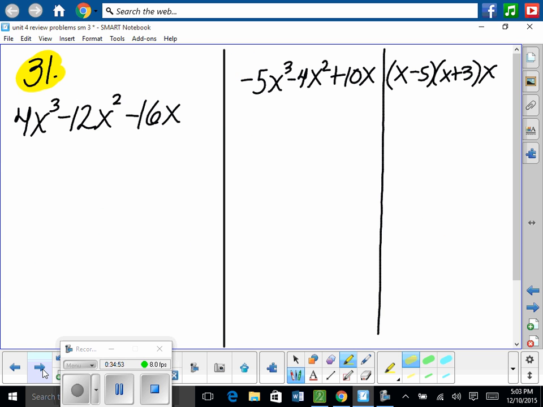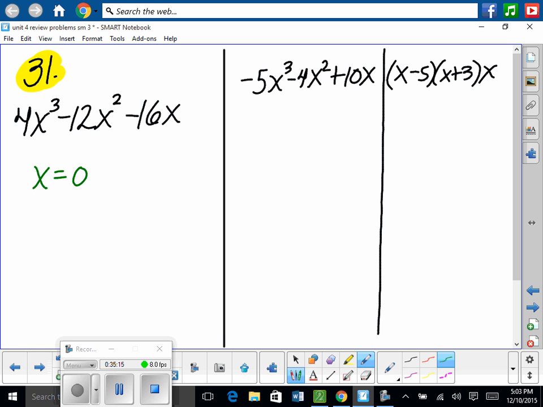Okay, number 31, it says, what are the zeros of the function? Graph the function, find the relative max and mins. So I just graph it on my graphing calculator, and I find the zeros that way using second trace. So if you do that, you'll use your calculator.